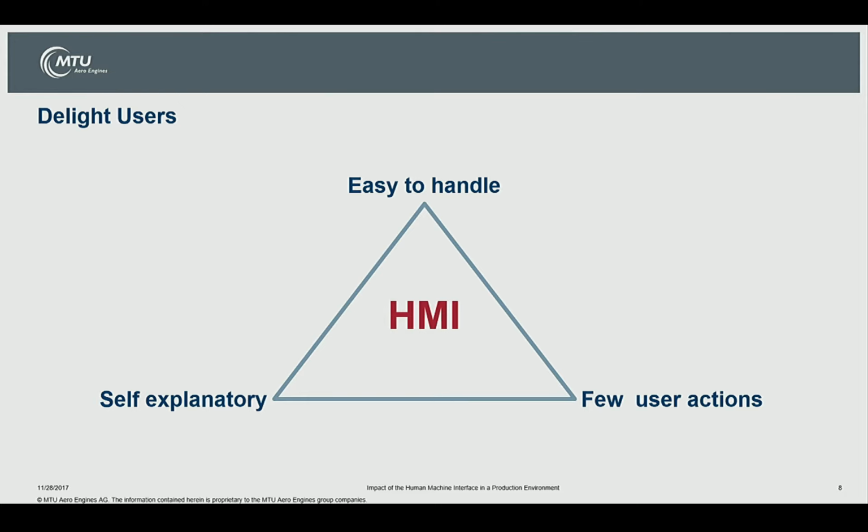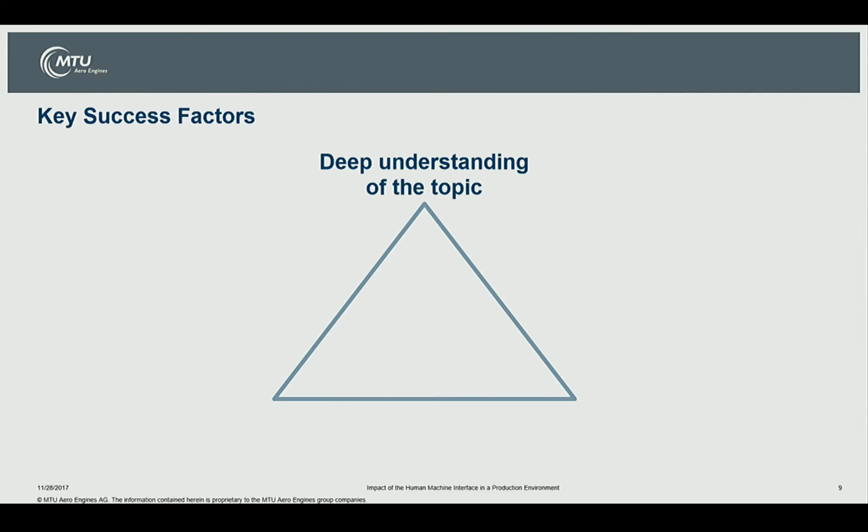What are the key success factors? One is, of course, a deep understanding of the processes. It's, from my point of view, of paramount importance. It's necessary to understand the real benefits, the real requirements of the customer shop floor. The next thing is, the system incorporates the complexity.